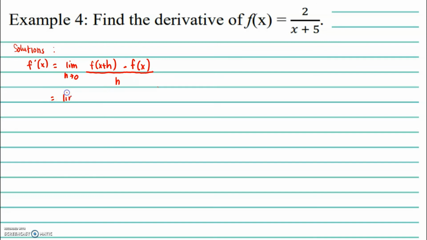So we have the limit of 2 over x plus h plus 5 minus 2 over x plus 5, all over h as h approaches 0.